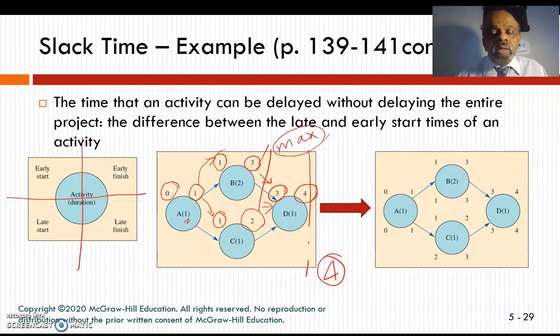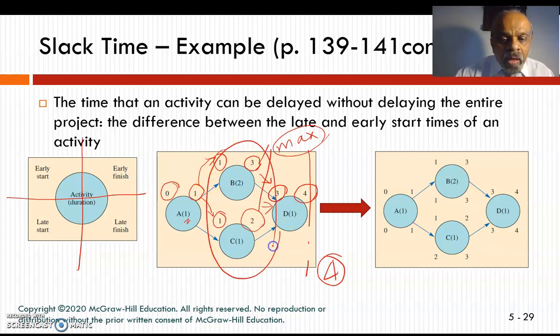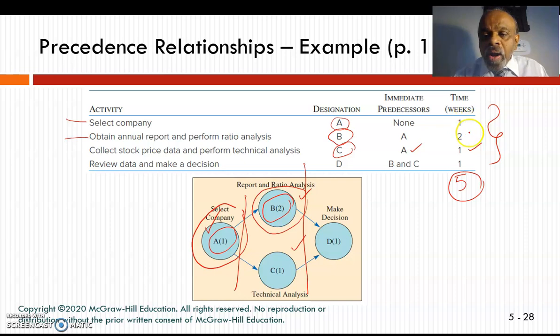Why is it 4 weeks? Why is it not 5 weeks? The reason is I'm doing these two in parallel. Whereas here I'm doing everything one after another. But actually these two are parallel. As soon as I finish here, I can start these two if I have enough resources, right? And I have enough money and all that, which I'm thinking I have.